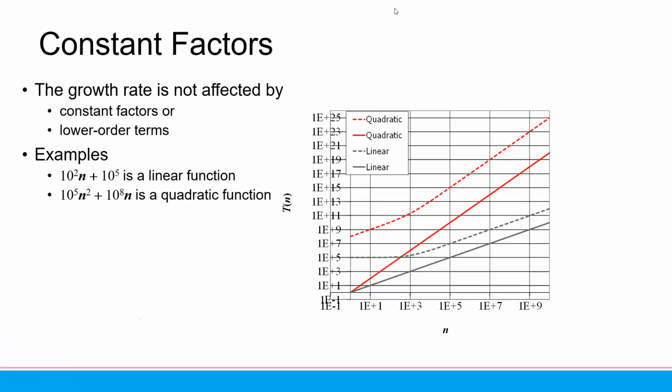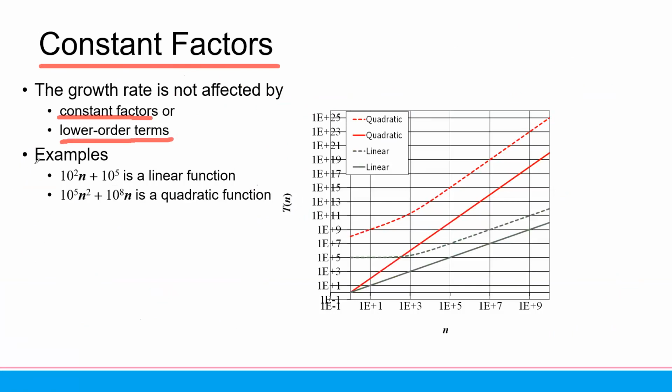Whenever we do this kind of complexity analysis, you need to understand the constant factors. What is the constant factor? We call this a constant factor or the lower order terms because it will not affect the complexity.